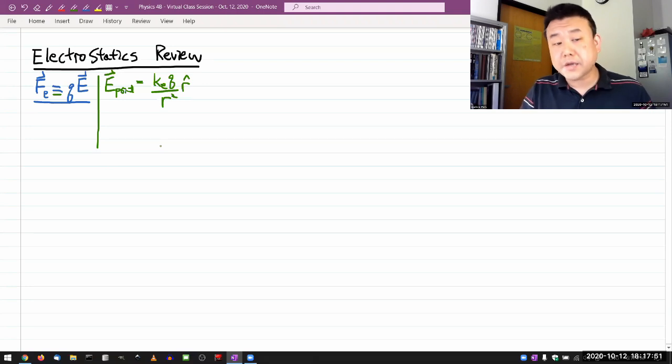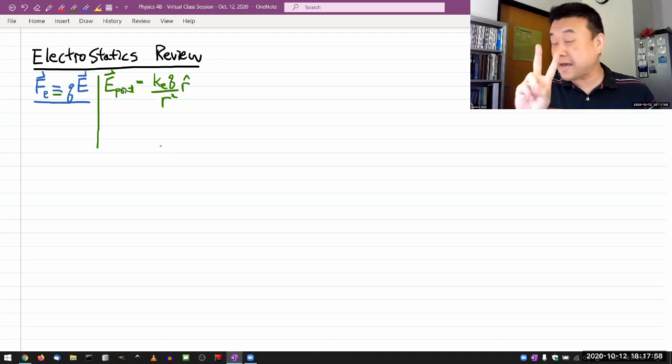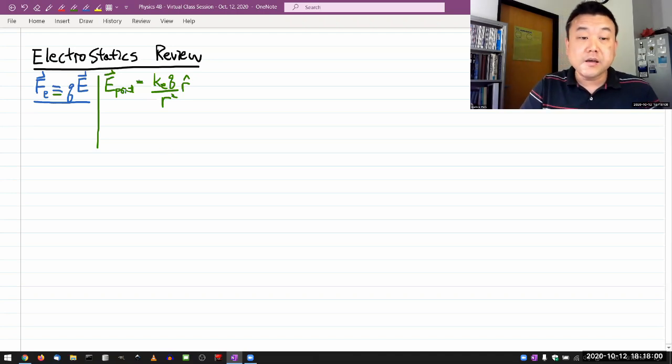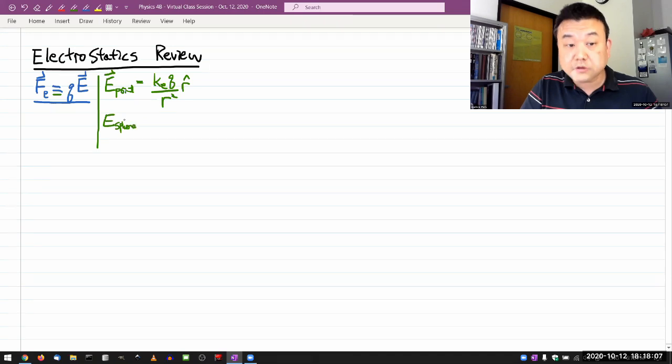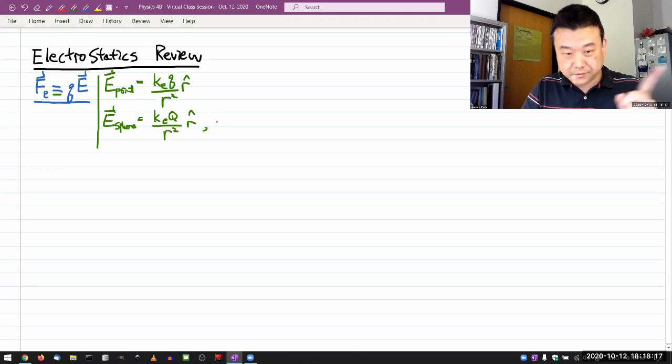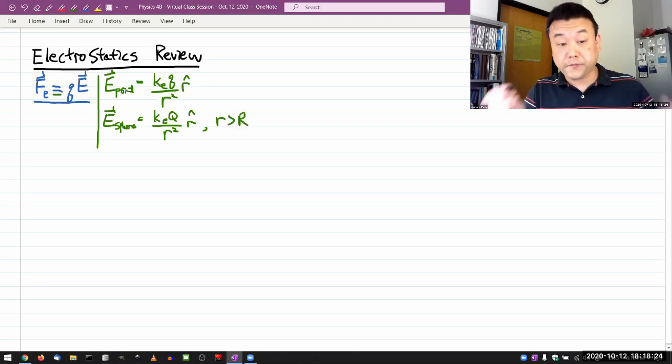And in application of Gauss's law, we have derived two more formulas, but technically 3 additional formulas. So there's the electric field due to a sphere outside the sphere that happens to have the same form as the electric field due to a point charge, but I have to specify this distance from the origin is greater than the radius of the sphere.